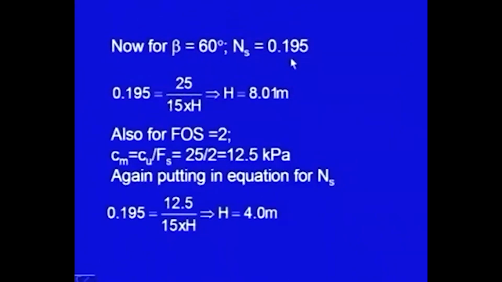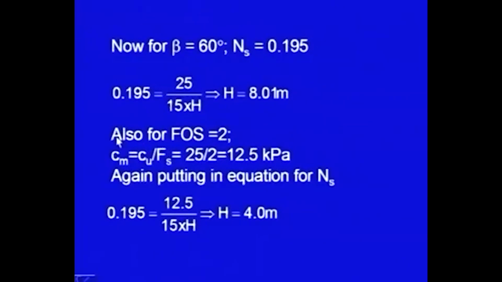So, here you can interpolate it, and I got this value as 0.195. Put this 0.195 in the previous equation. So, 0.195 will be equal to C upon gamma H, and that gives you H is equal to 8.01 meter. So, it is very convenient to use these charts.